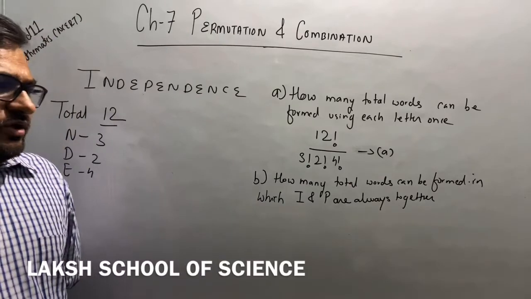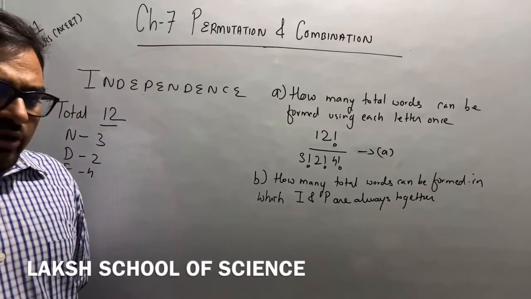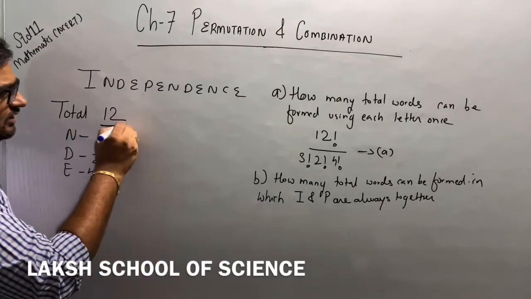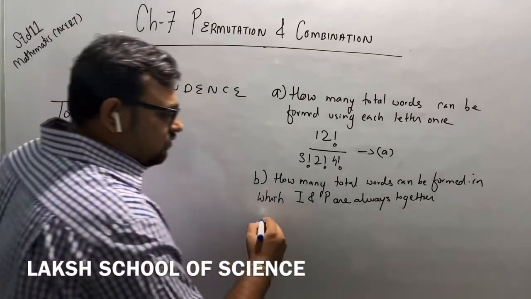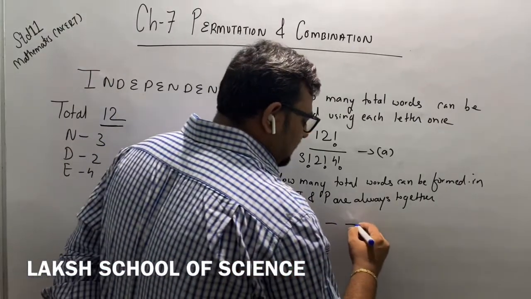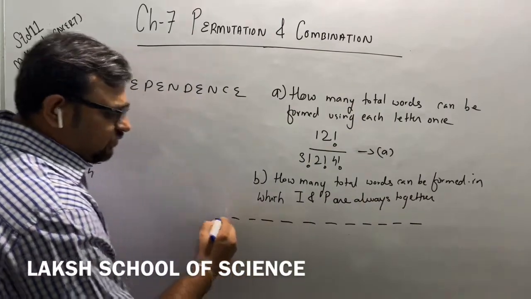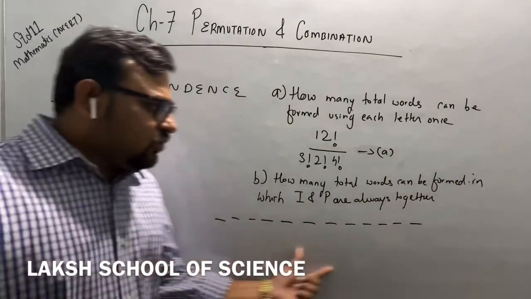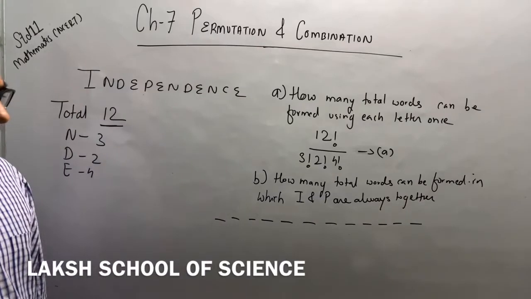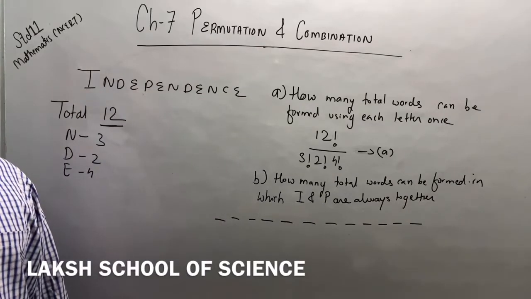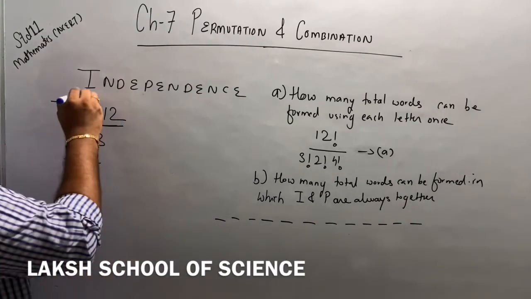Clear? So see what we have to do. How many total? 12, so there are total 12 places. But now I want I and P together.